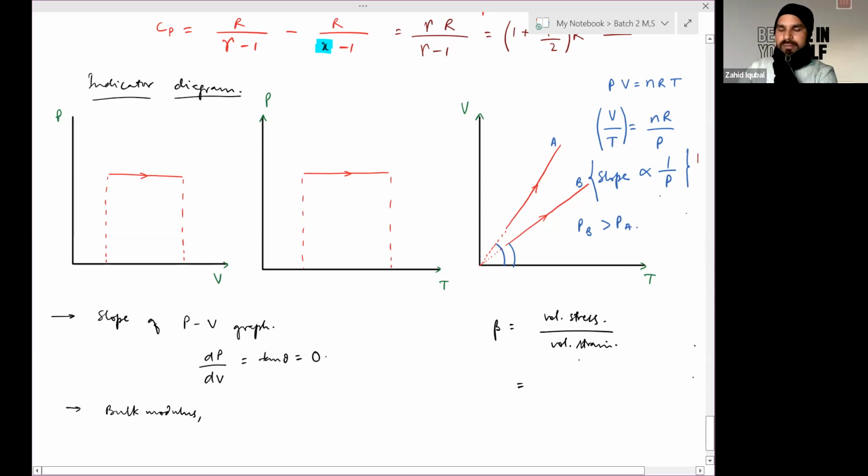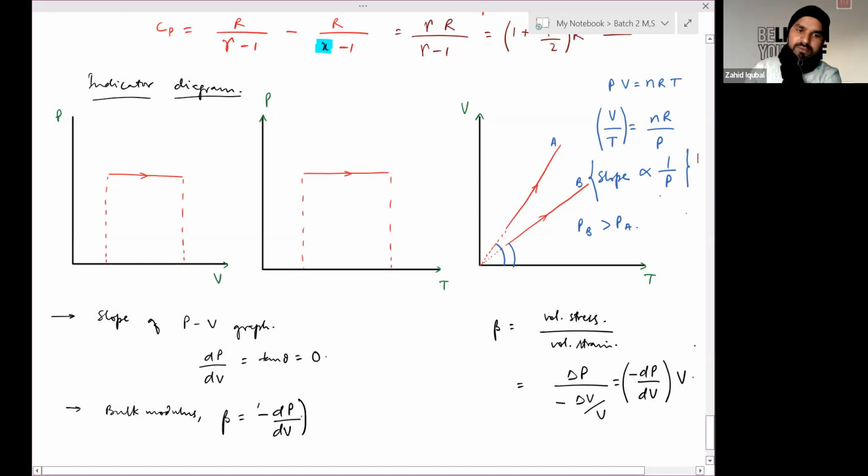Volumetric stress is perpendicular force acting over area, which is also termed pressure or simply change in pressure, divided by volumetric strain, change in volume by original volume, with a negative sign. So we may write delta P by delta V as dP by dV for the instantaneous part, with a negative value, multiplied by volume. So I'm using this equation: beta equals dP by dV multiplied by volume. And since dP by dV for this curve is 0, beta for this process will be 0.